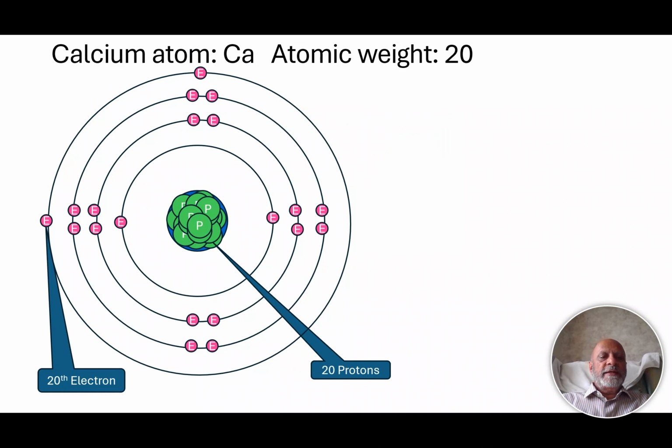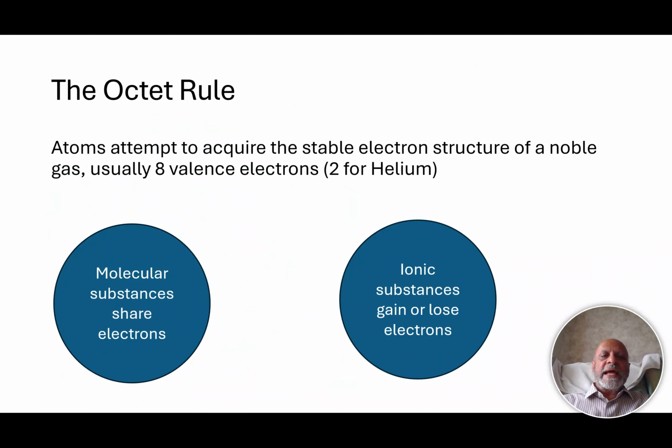And then calcium, atomic weight is 20. So a second electron attaches in the 4th orbit. So we'll stop here, and this is for you to understand the atomic structure. So there's an octet rule which you must remember, and that is that atoms attempt to acquire the stable electronic state of a noble gas, which is usually 8 valence electrons.